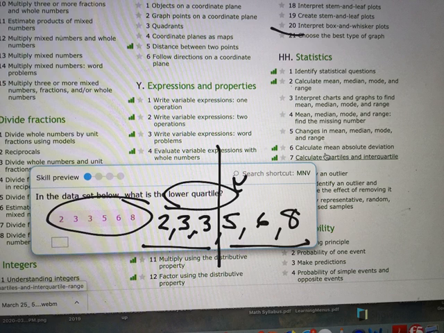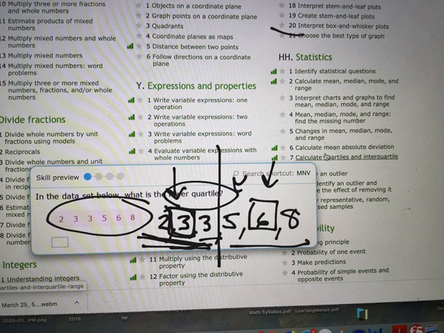In the data set below, what is the lower quartile? That means, what number is in the middle of the lower half? And for the upper quartile, it is 6. So 3 is the lower quartile number and 6 is the upper quartile number. It is really that easy to split up the data.